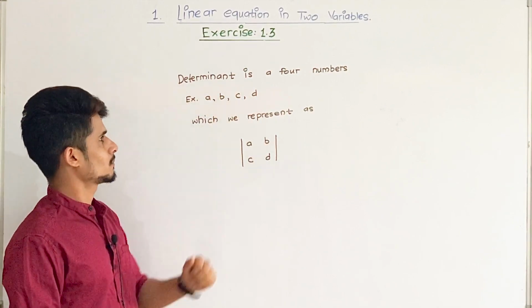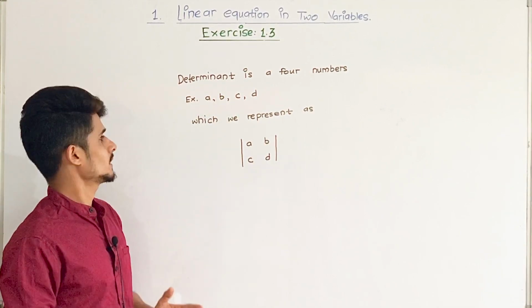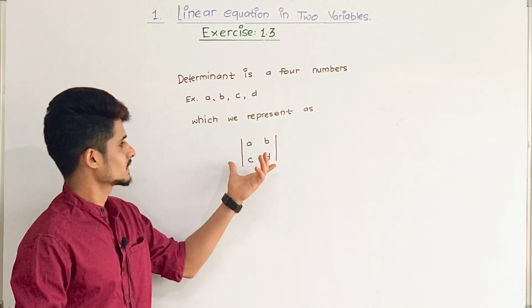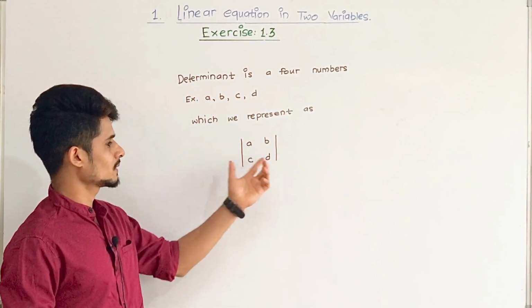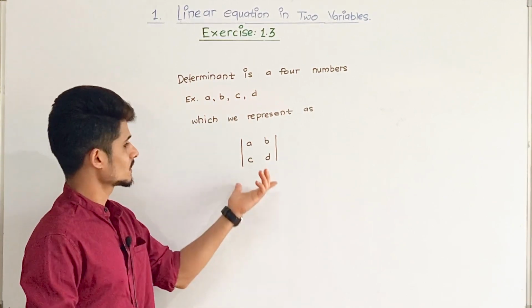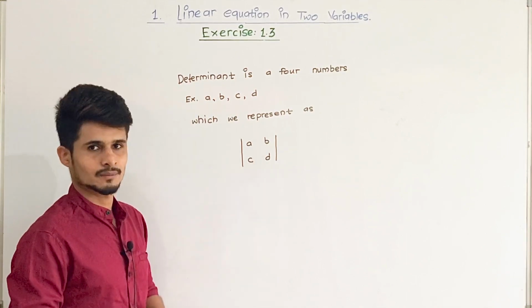A determinant is made of four numbers, for example A, B, C, D, which we represent as a determinant with A, B in the first row and C, D in the second.